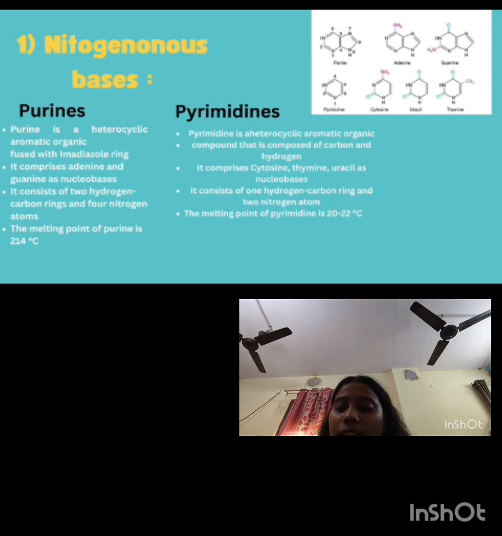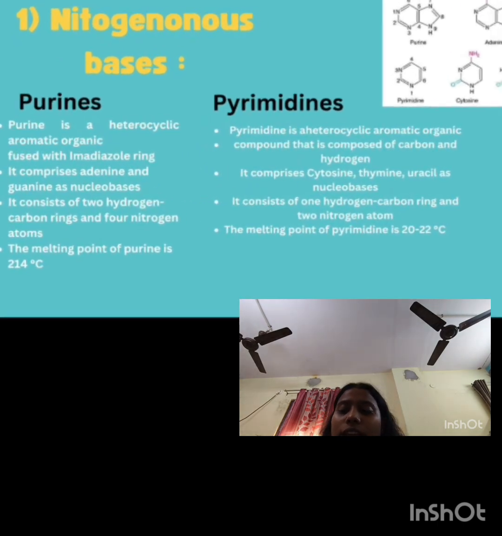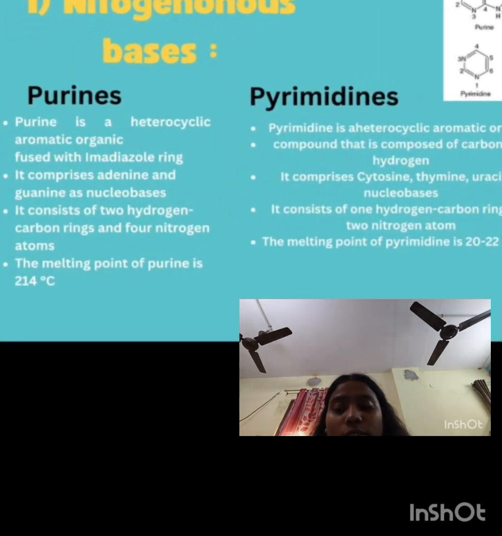Purine is a heterocyclic aromatic organic compound fused with an imidazole ring. It comprises adenine and guanine in nucleic acid. It consists of two rings and four nitrogen atoms. The melting point of purine is 214 degrees Celsius. And what is pyrimidine? Pyrimidine is a heterocyclic aromatic organic compound composed of carbon and hydrogen.